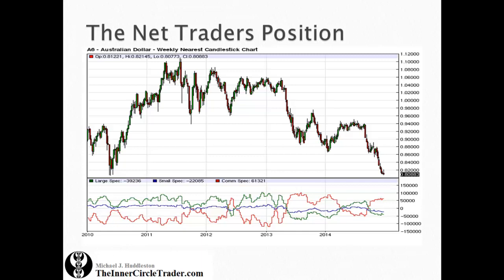Now, the fact that they swing from net short to net long here doesn't really suggest that there's going to be a bottom in the market yet. What we want to see is a diametrically opposed position between the green line, which is the large hedge funds, if you will. They are by definition the trend followers.